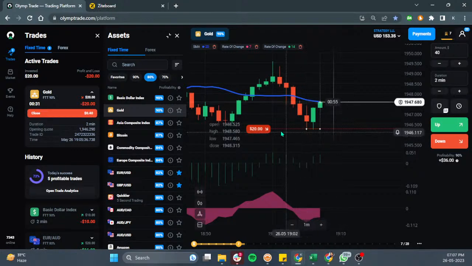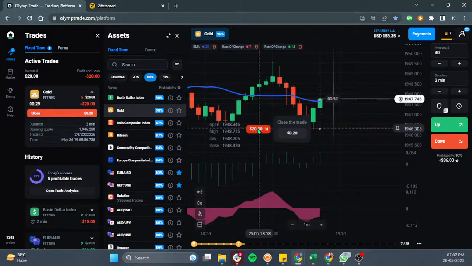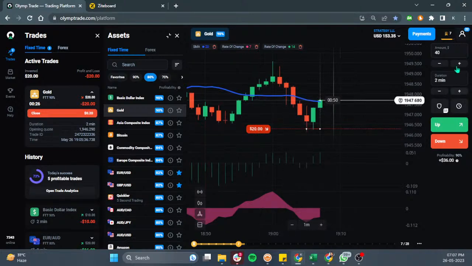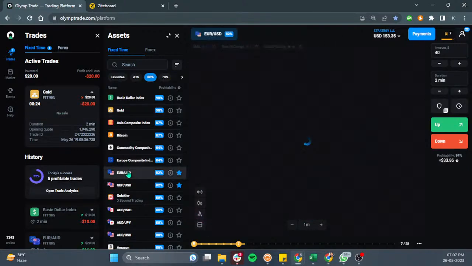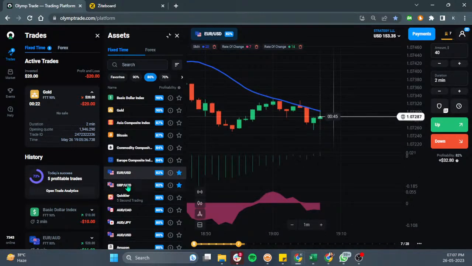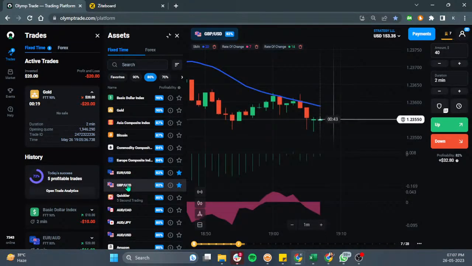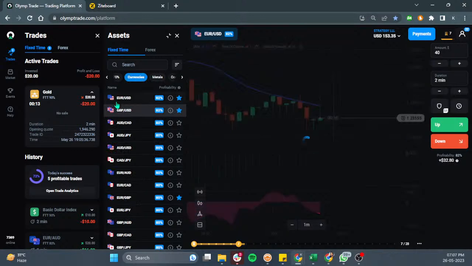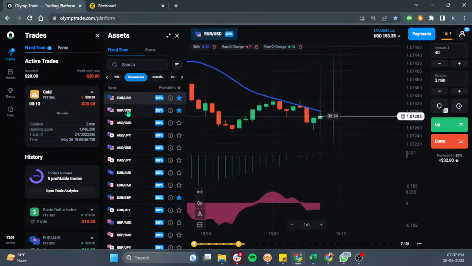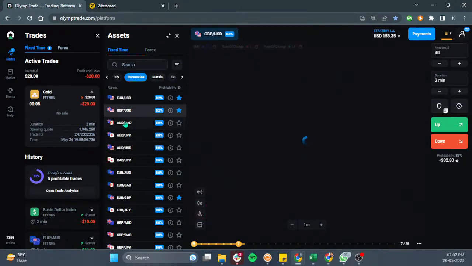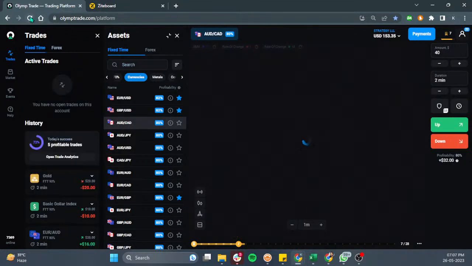But I think it's quite confirmed right now that this trade will not be profitable for sure. So we have to open a trade of 40 USD. Let's find some good signals to recover this amount if we can. At the moment, let me just refresh this page once again.